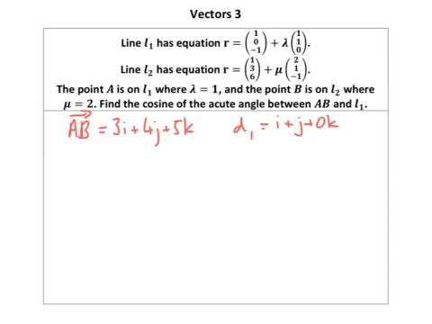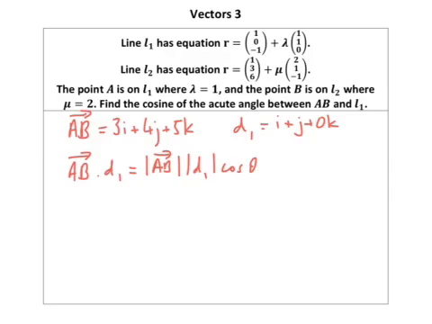Now, I also know that AB dot d1 equals the magnitude of AB times the magnitude of d1 times cos theta, which is the cos of the angle they meet at.